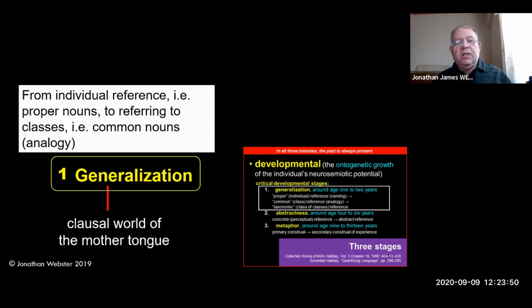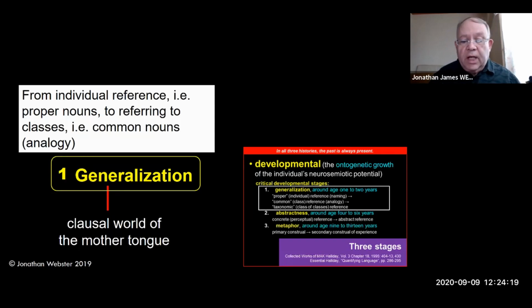All right, so what is this ability to make metaphors? Where does it come from? Now, go back to this idea of history, and specifically the history of our own development, the way we develop, our ontogenetic growth as an individual. Halliday did a study of this.